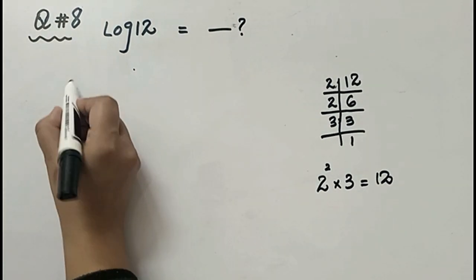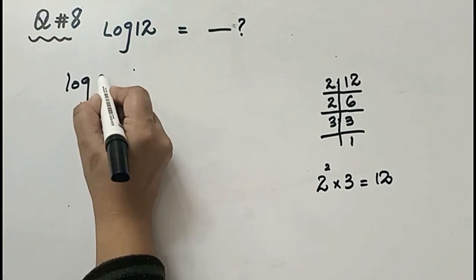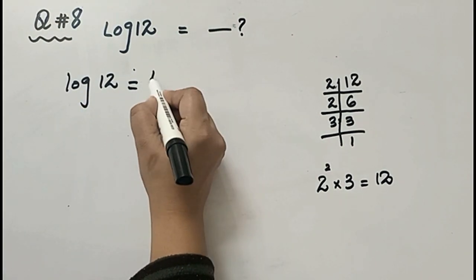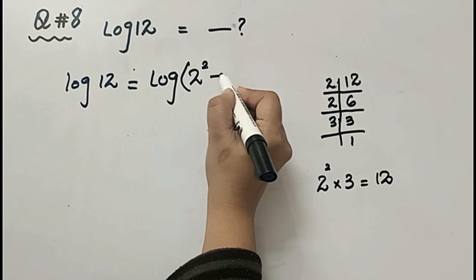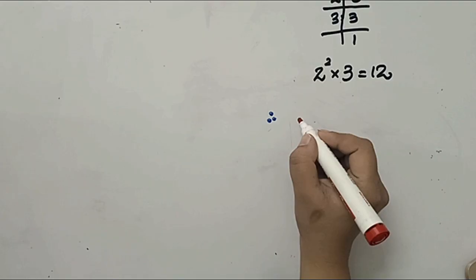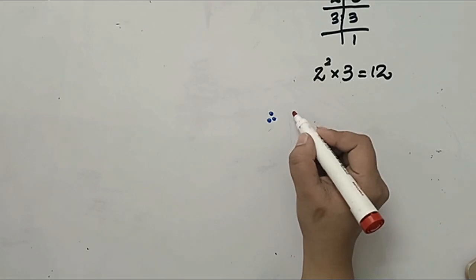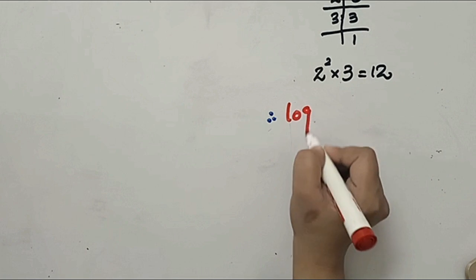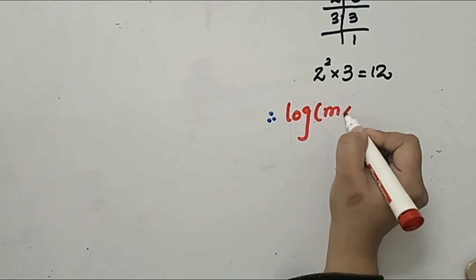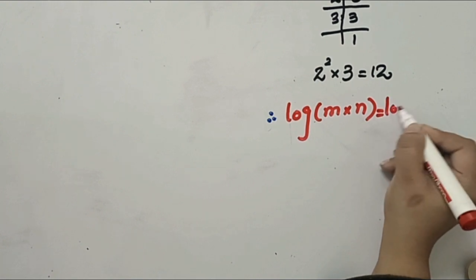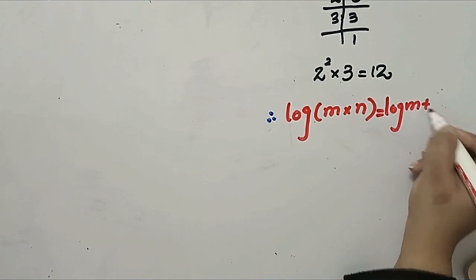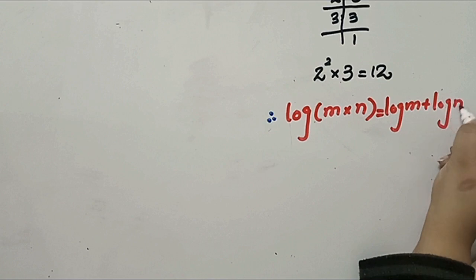So we need to write log 12 as log of 2 square multiplied by 3. And we know the first law of logarithm states log m multiplied by n is equal to log of m plus log of n.